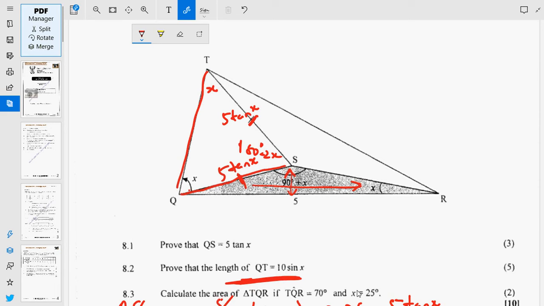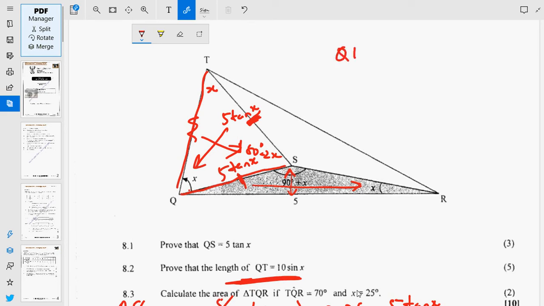But I can still use the sine rule here because I've got the side opposite to this angle, and I've got this side here, and opposite to this side is this angle. So I can use the sine rule here. If you use the cos rule, you're going to run into some trouble. It is applicable here, but if you use it, your algebra will just be messy. So I'm going to use the sine rule.